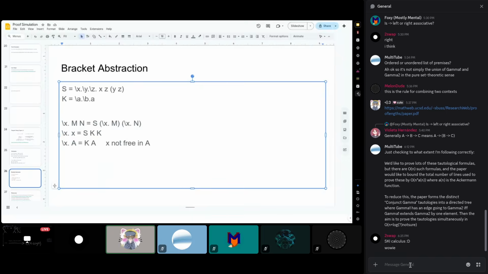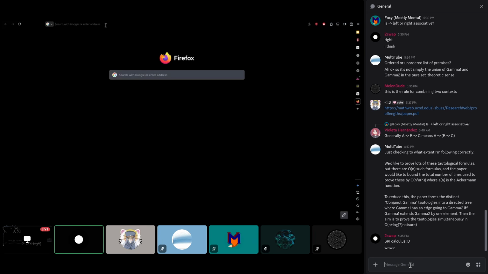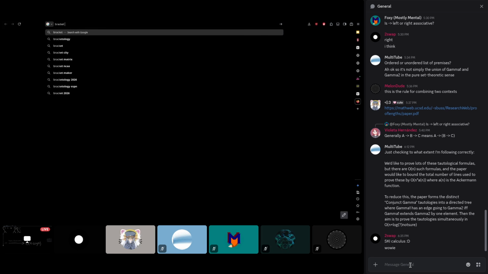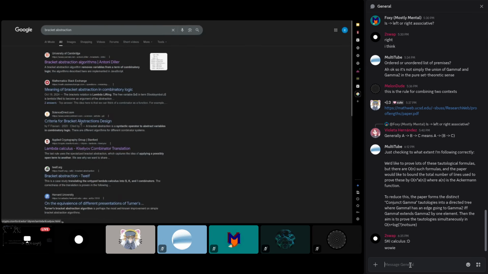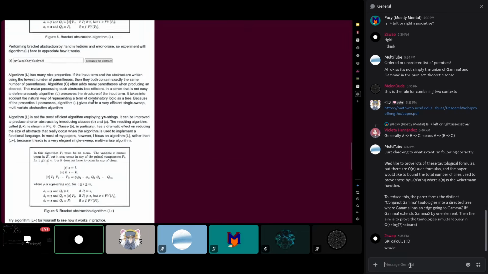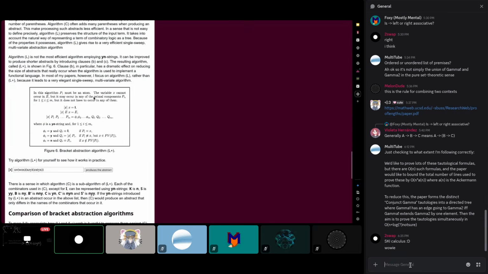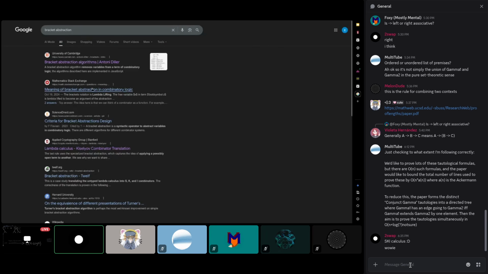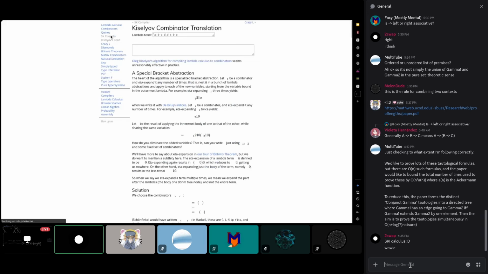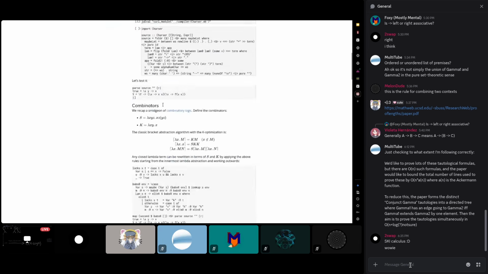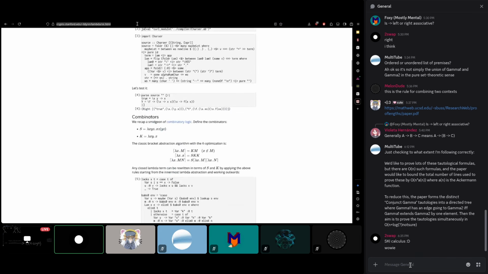Maybe I should just link Wikipedia for this. That'd probably be good. Are you saying the fact that we have to recursively do something to the first thing is going to make it longer? I'm misunderstanding how that's the case.